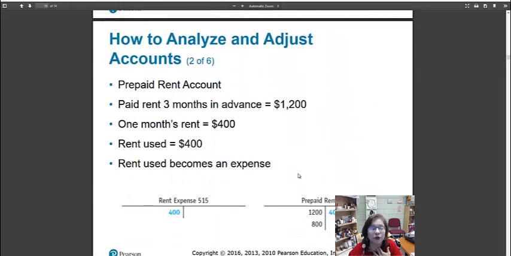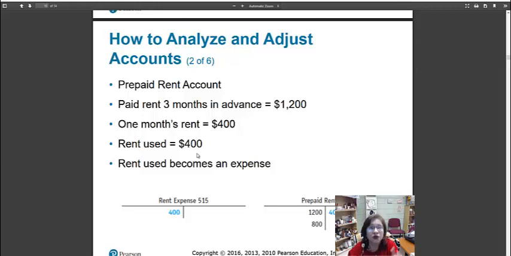Again, prepaid rent. This is rent that you've given, let's say, to somebody that you are renting the building from, okay? You decide that I'm going to give you 3 months in advance. So what you're going to do is show each month of that decreasing prepaid rent amount. So here you're showing that you've paid rent for 3 months, which equals $1,200. One month's rent then is $400.